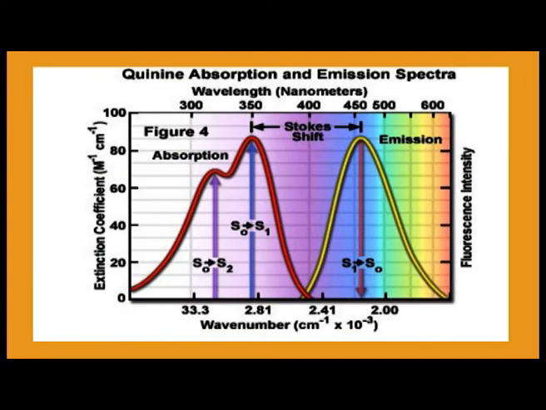Let us see a spectra on your screen in which the relaxation process or energy released is shown. The relaxation of the molecule from the lowest vibrational energy level of the first excited state S1 to a vibrational energy level of the ground state S0 by emitting light is known as fluorescence, which occurs in the time scale of 10 to the minus 9 second.